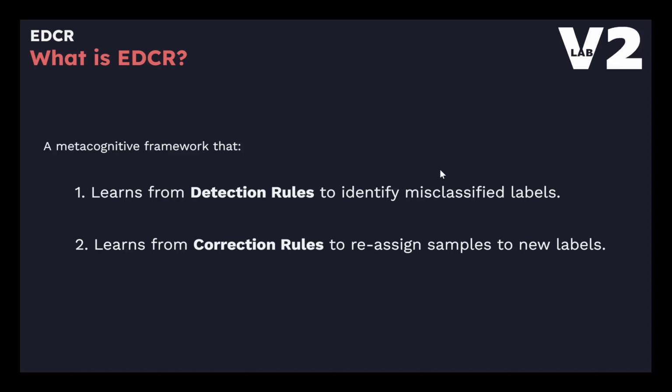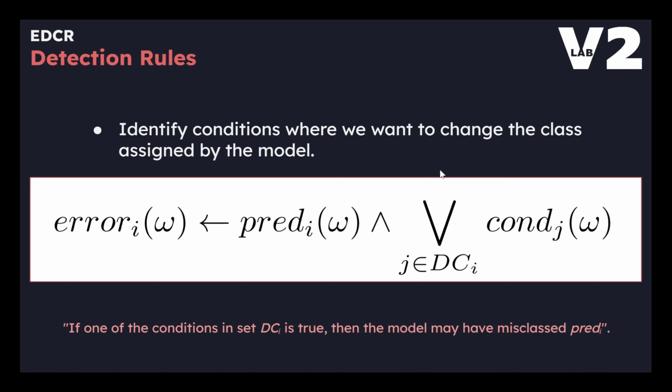So let's first take a look at detection rules. How a detection rule works is that we first have a condition set DC that can tell us when a model prediction is incorrect. And let's say we have any condition within that condition set to be true, and we have a base model that predicts class I for a certain sample omega.